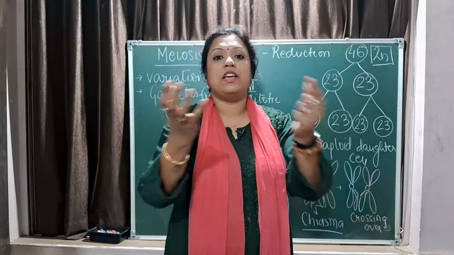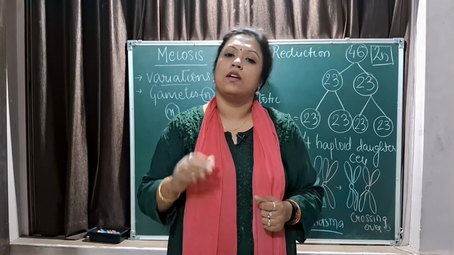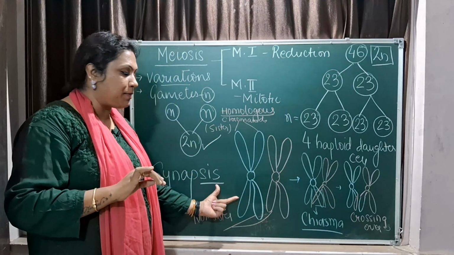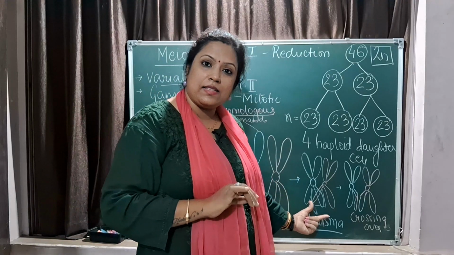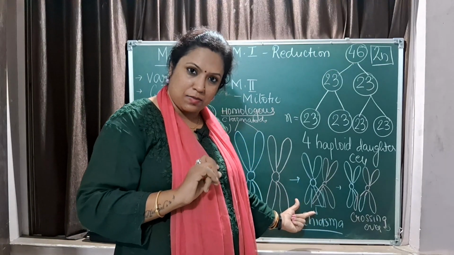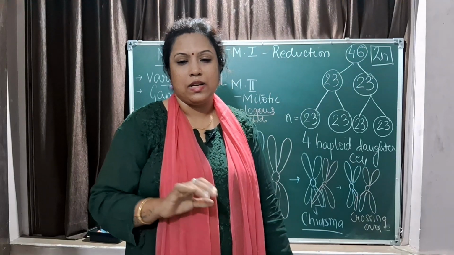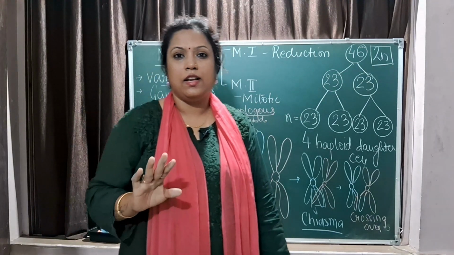And if they exchange gifts, it is called crossing over. Understood? So, meeting of two friends is synapsis, shaking hands and taking a photograph of it is chiasma, and exchange of gift is crossing over. Is it clear? Let me rub the board.